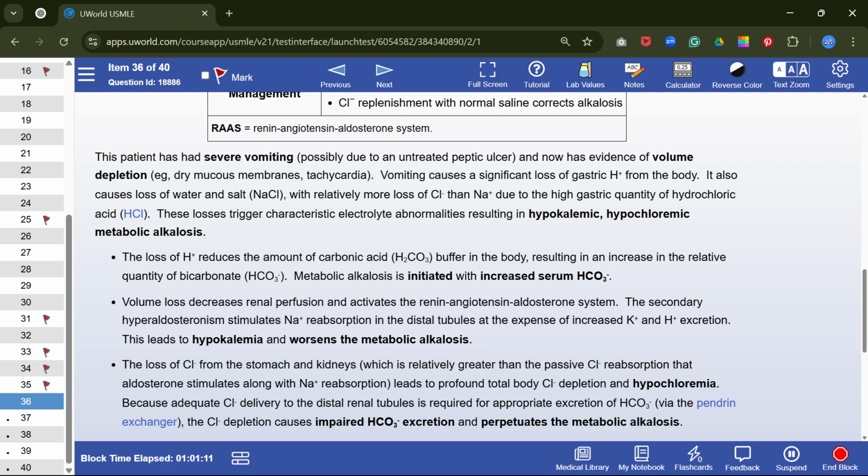This also triggers characteristic electrolyte abnormalities, resulting in hypokalemic hypochloremic metabolic alkalosis.